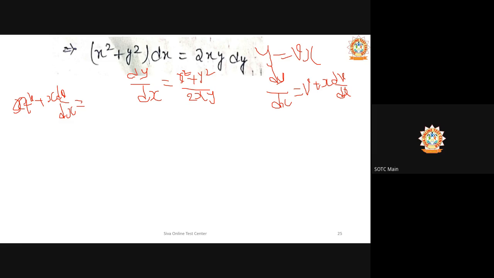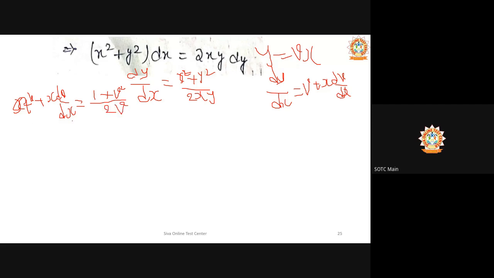In the denominator, substituting vx in place of y, it will become 2vx square. From the numerator you can take x square common, so it will cancel from numerator and denominator. It is 1 plus v square divided by simply 2v, right?